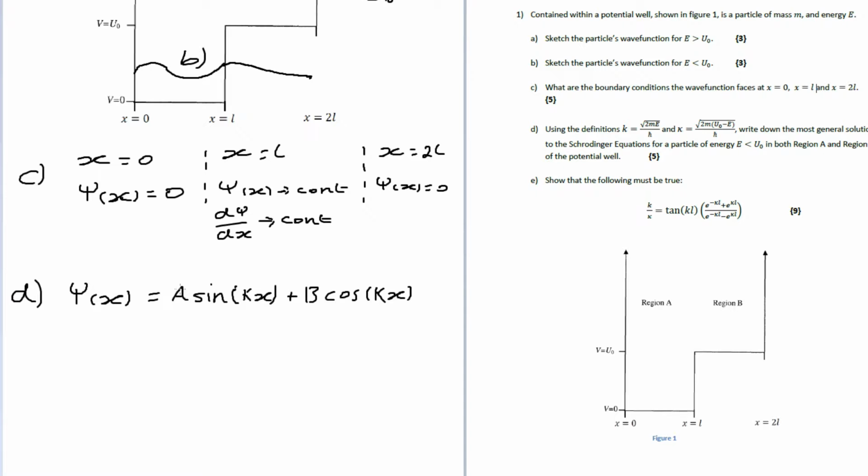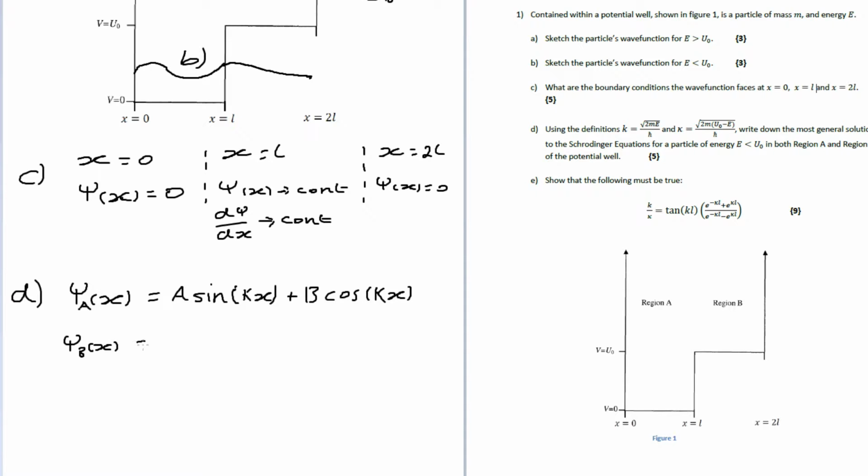And A and B are some constants that we don't know, so you can scale your sine and cos accordingly, and we'll find these out later. And so this is in region A. So let's go ahead and call this psi A. And it also wants region B, so let's put our psi B here.